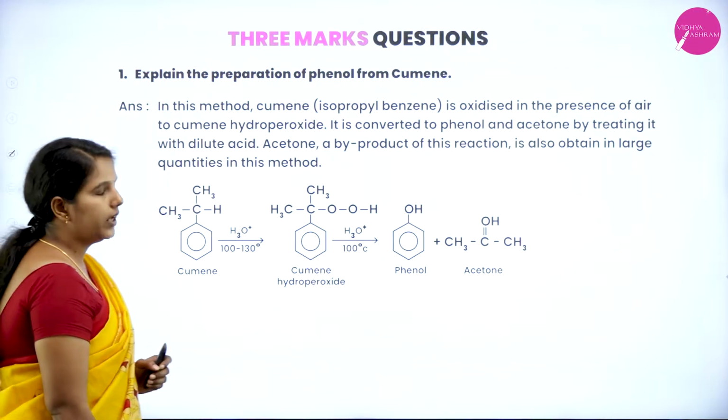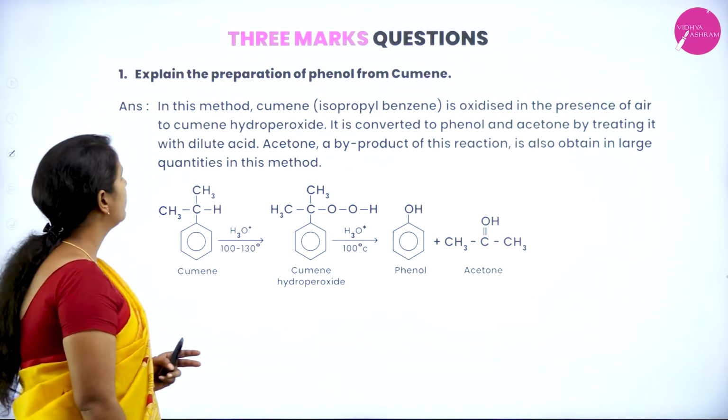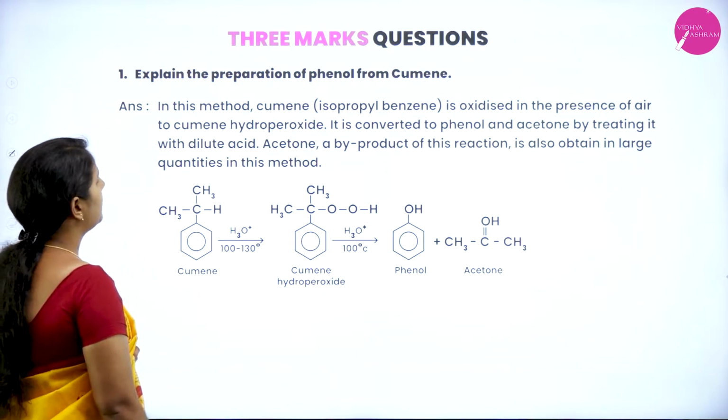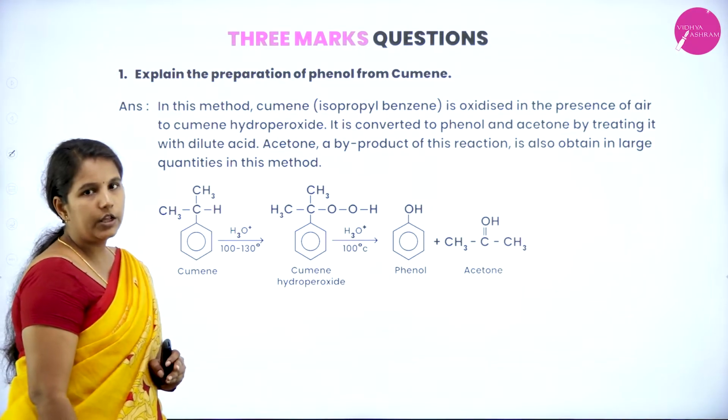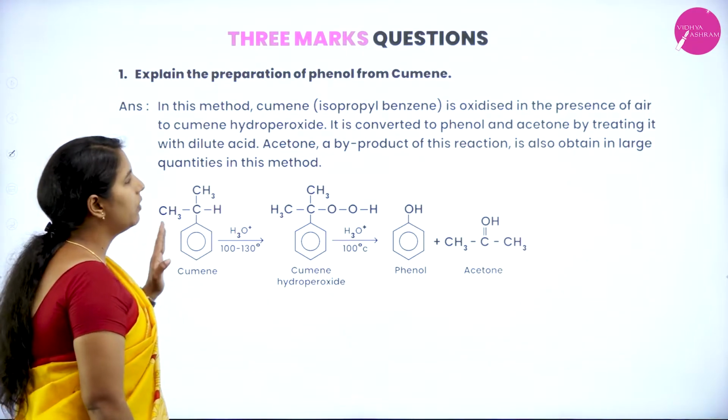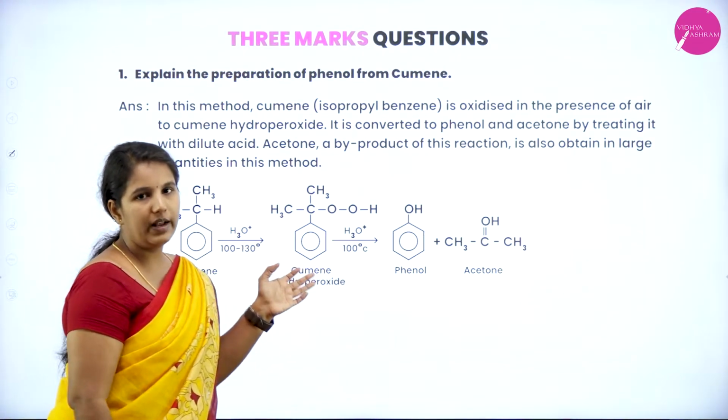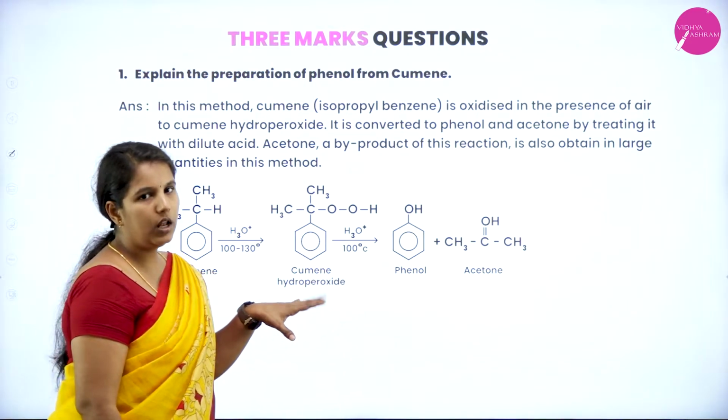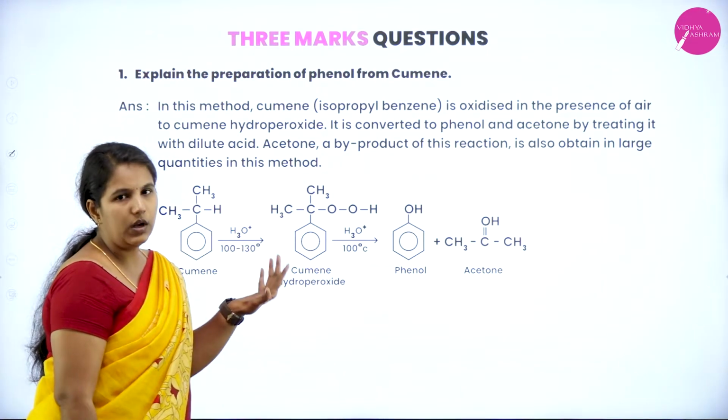Next, we'll see a 3-mark question. Explain the preparation of phenol from cumene. Just now we have understood the IUPAC name of cumene. It is isopropyl benzene, which is known as what? Cumene.